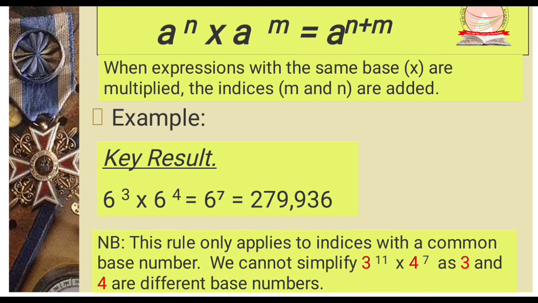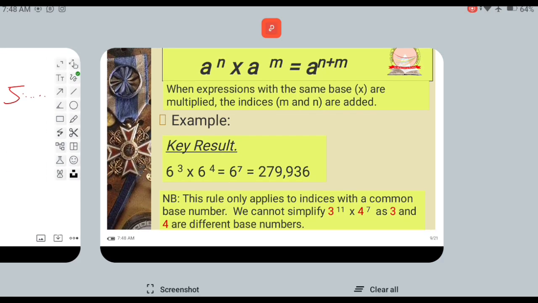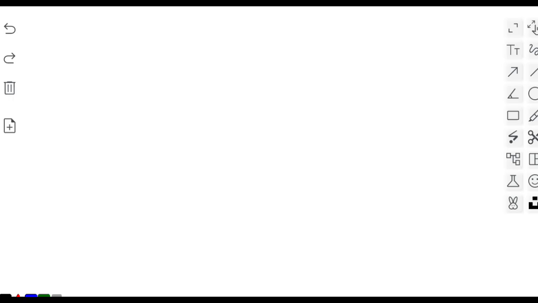We have an example here. If we have 6 raised to the power of 3 times 6 raised to the power of 4, this implies that 6 is raised to the power of 7. How did we come across this? Let's explain this a bit more.